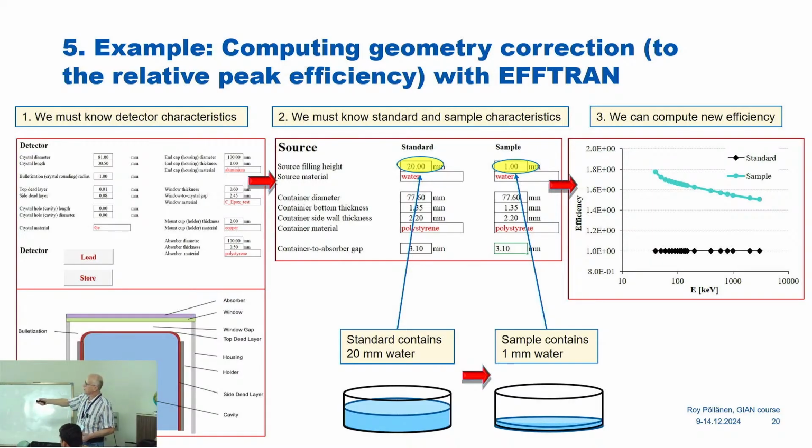And this container to absorber gap, in this example case, this is just an example, is the distance between the sample and the absorber, 3 millimeters. So you mean to say there is another layer of a material between the sample and the detector?